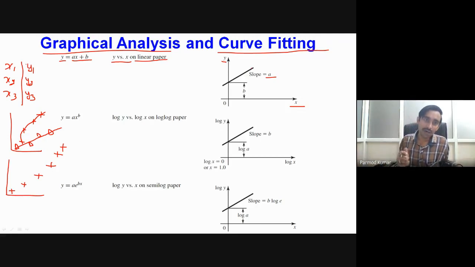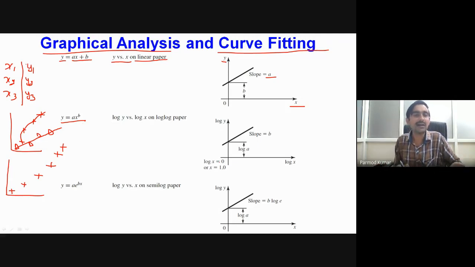Now suppose I know from earlier experimental literature or from basic analytical theories that my relation will be of the power law type. While plotting, we want our experimental trend to be close enough to a linear one, because a linear one is easy to identify.